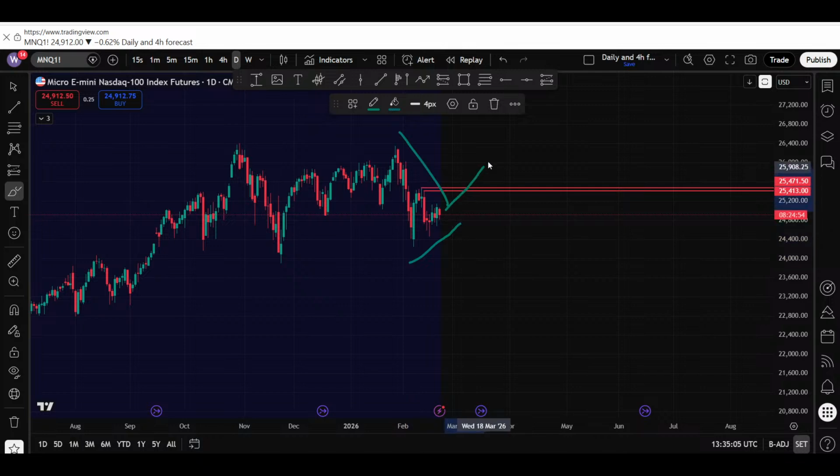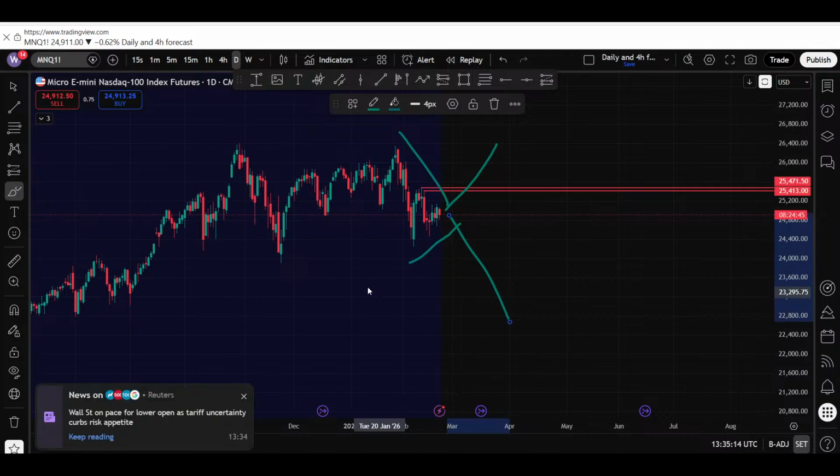It will go up or down. Once it starts going, it will be going fast. So this is the range.